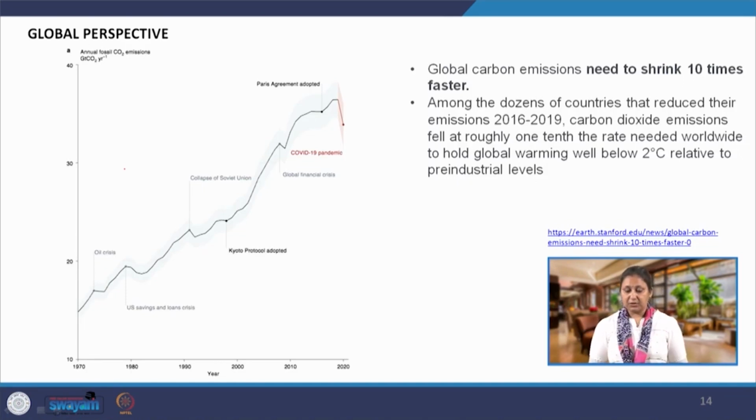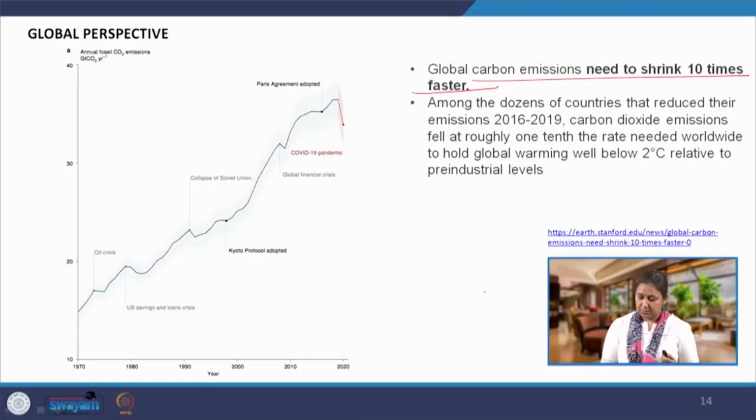If we look at the global perspective, which we have seen in the Kyoto Protocol and Paris Agreement also, currently what the world has set, different countries have set as a target for themselves, we are not going to reduce the greenhouse gas emissions. And if we really need to shrink the carbon emissions and bring it to the level where we limit the global warming to 1.5 degrees of pre-industrial levels, we will have to shrink the carbon emissions at a rate 10 times faster than we have committed.